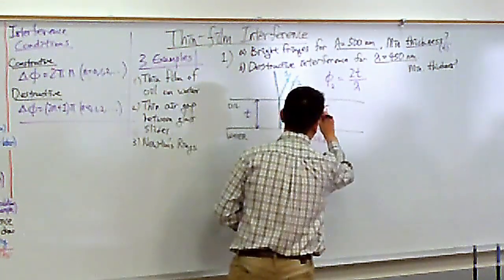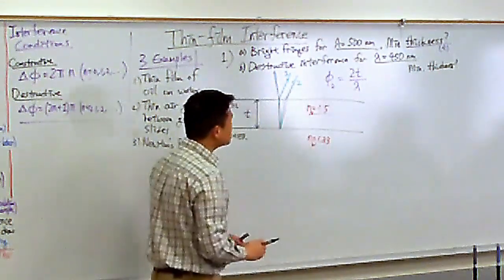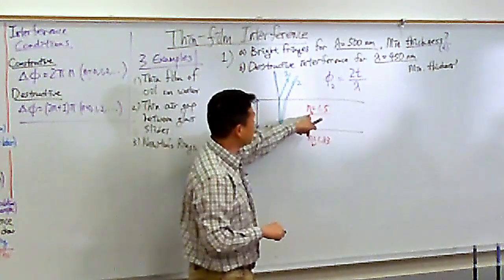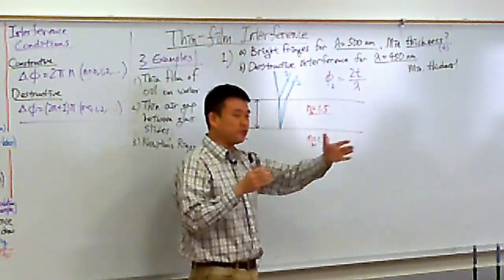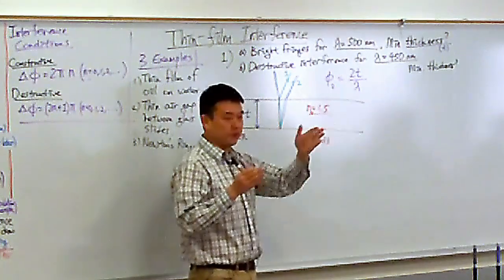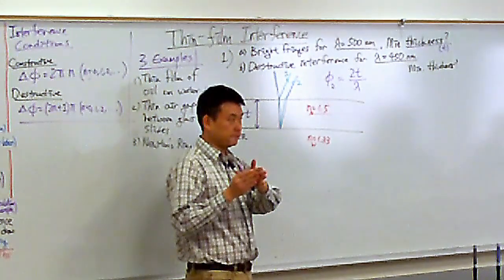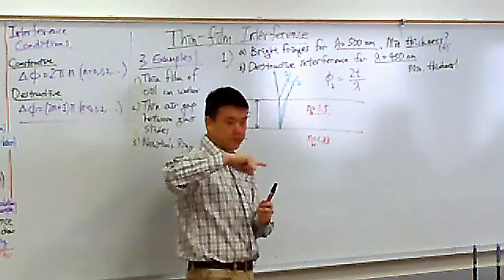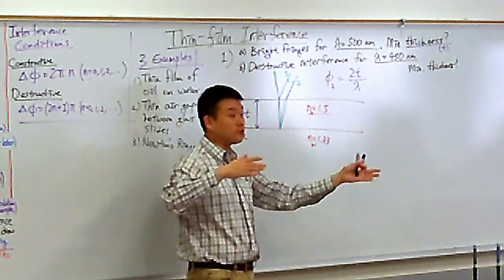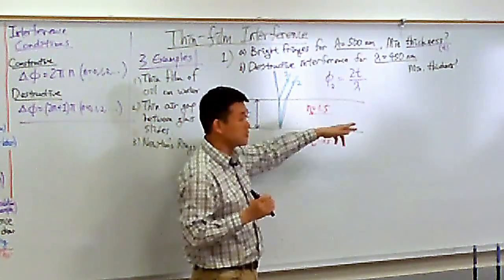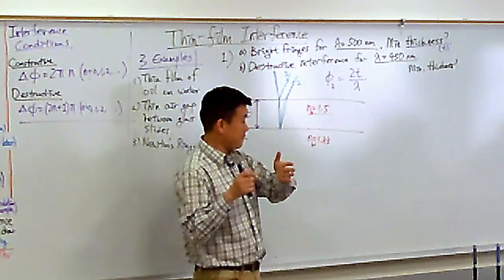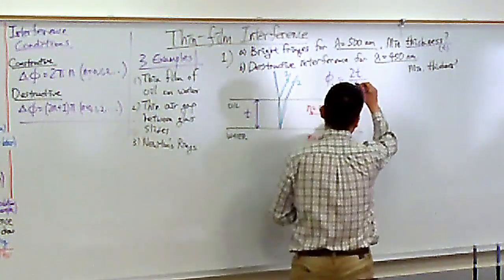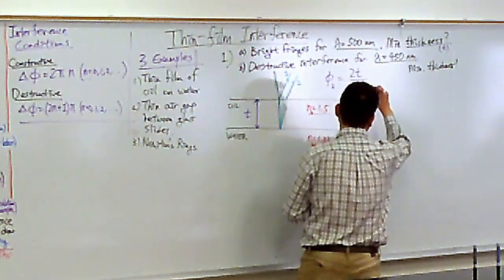So n_oil and water. Let me just try to guess the formula. With this index of refraction, does the wavelength increase by this factor or decrease by this factor? Decrease, right? The frequency is the same, but the speed is slowing down by this factor, so the wavelength gets shorter by that factor. So it would be lambda divided by n_oil.